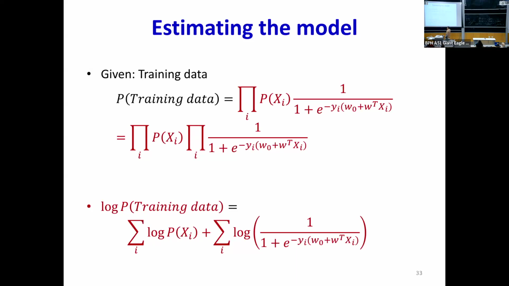And so the log probability that you're maximizing is the sum over all training data instances of the log probability of x plus the sum of the log probability of y given x, which is just a logistic function according to our model, right? So this is what we'd maximize.